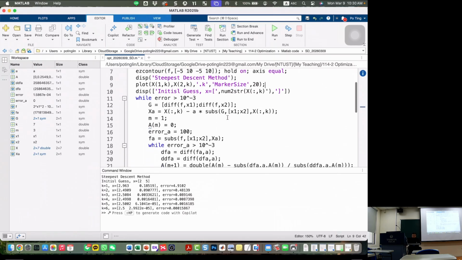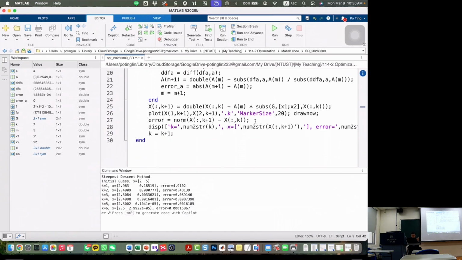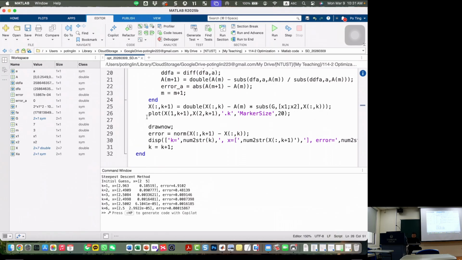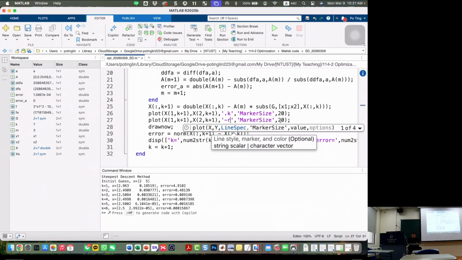Whenever I make a drawing of the new point, I want to draw a red line from the old point to the new point. So let me draw a line right here. So again, plot, red line, so dash r. No marker needed.